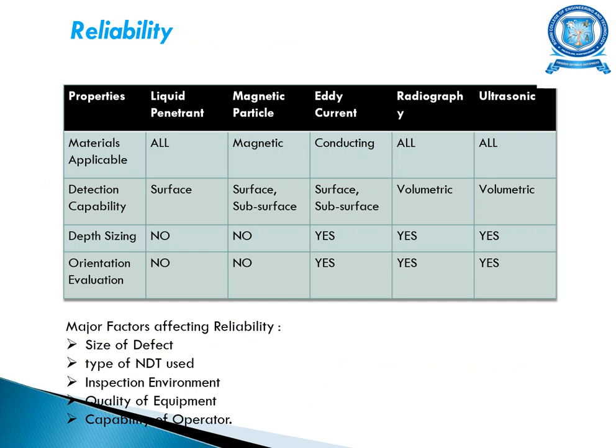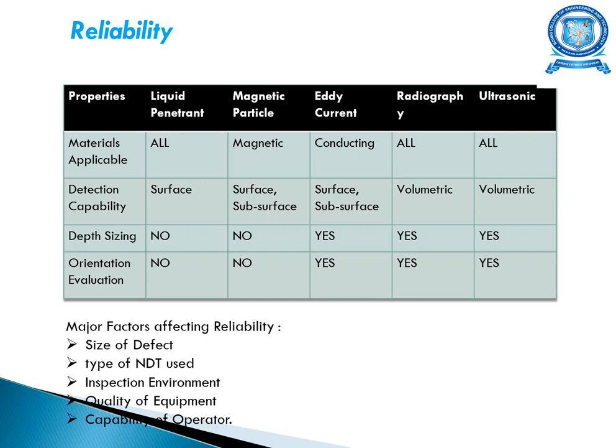So for the properties, regarding materials applicable: with liquid penetrant testing, you can perform the test on all sorts of materials, whereas in magnetic particle testing, only magnetic components can be tested. In eddy current testing, you can test only current-conducting materials. Radiography and ultrasonic testing can test all types of materials.